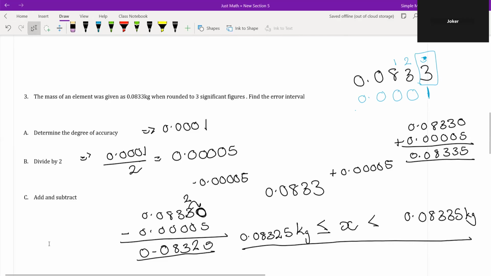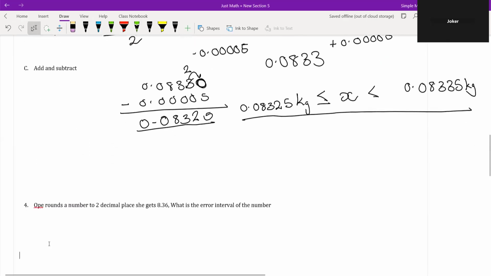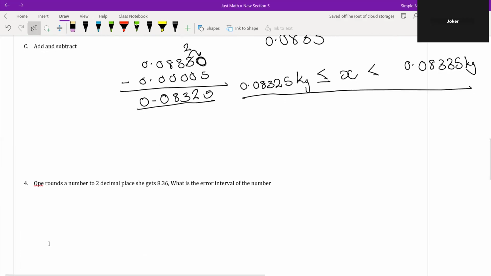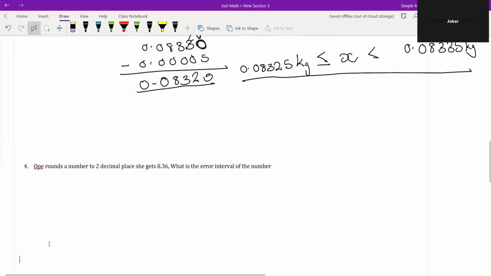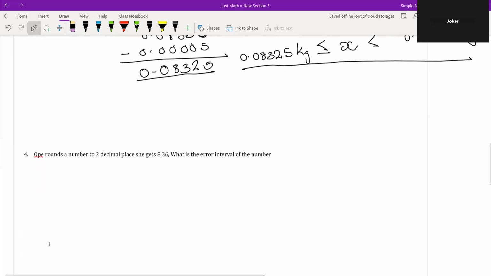All right, let's go to this one where we have decimal places. A number is rounded to two decimal places and she gets 8.36. What is the error interval of the number? So again, we have 8.36.